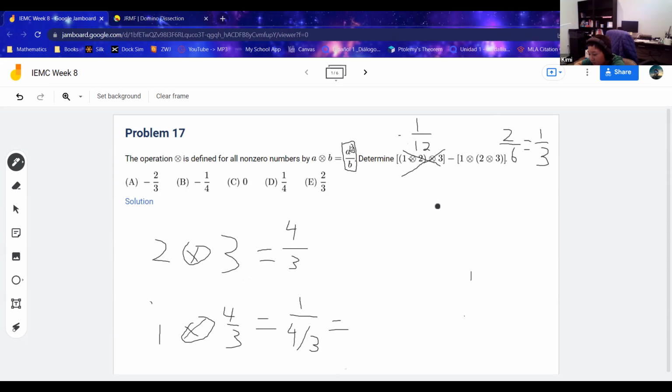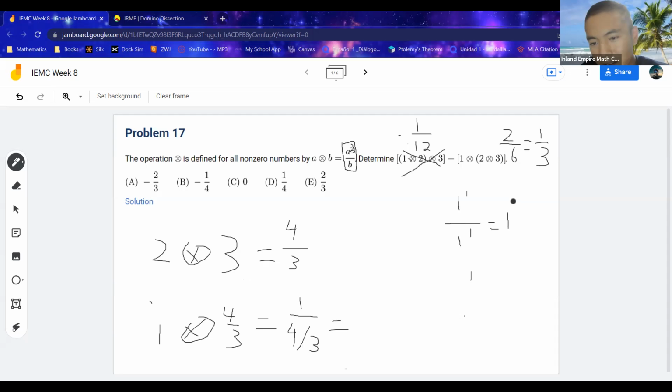What? 0 1's added together is 1? Well, that's going to take a bit more advanced math to explain, but basically, if you think about it, 1 over 1 is 1 to the 1 minus 1, which is 1 to the 0, right?